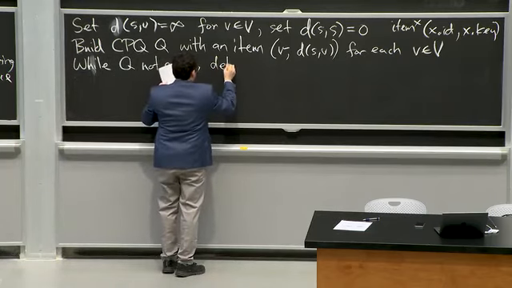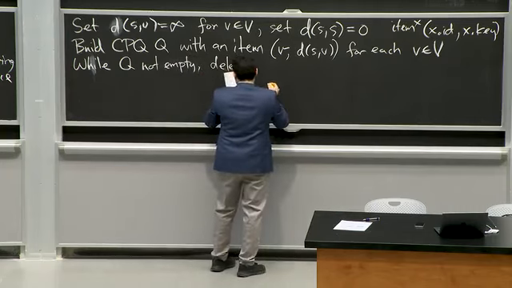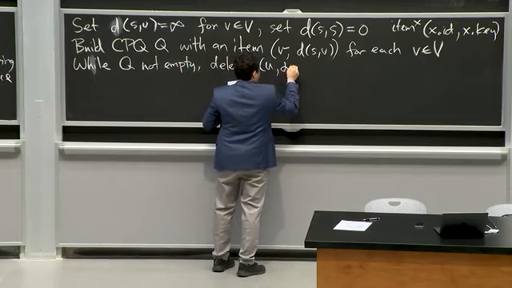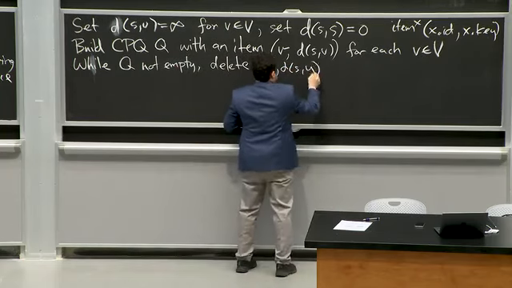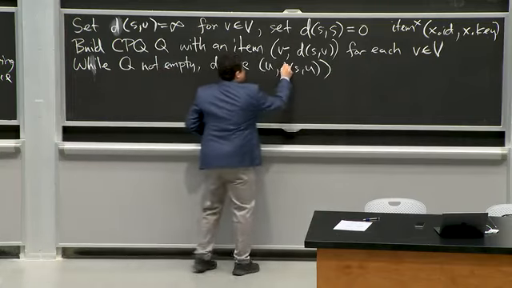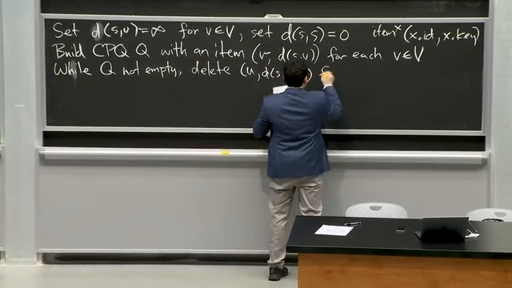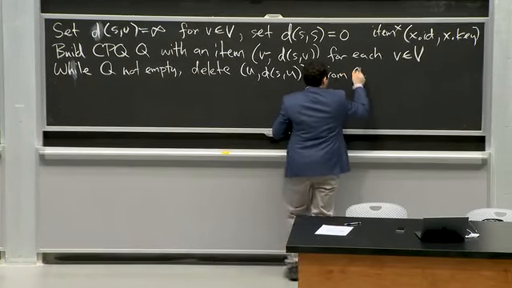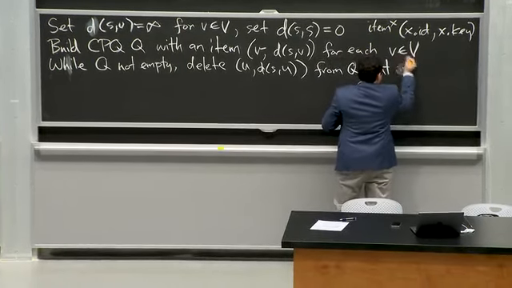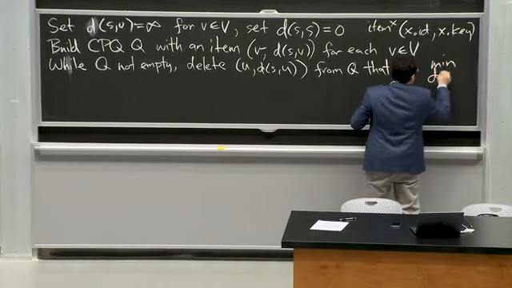I'm going to delete some U, D of S,U, so some item such that its distance is minimized, from Q, that has minimum distance.